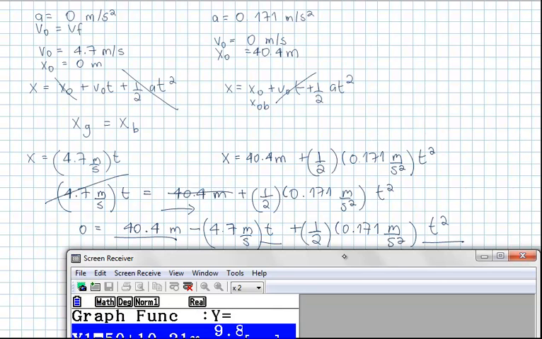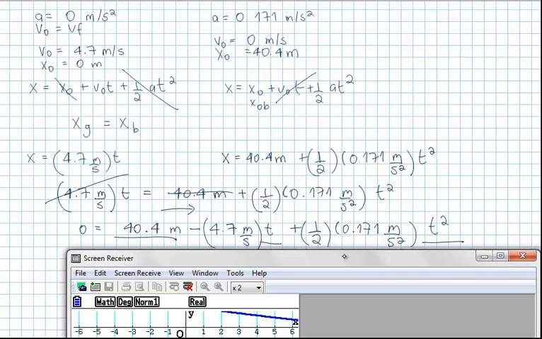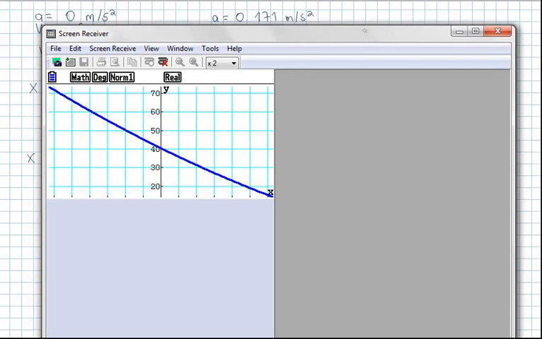We have 40.4 minus 4.7x plus 1/2 times 0.171 x squared. Let's zoom auto. I'm sorry you guys were not seeing anything because I was copying the equation. This is what you're going to see now.